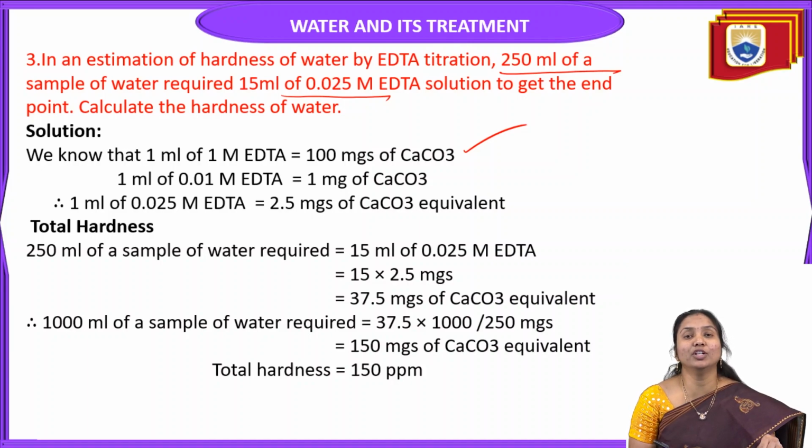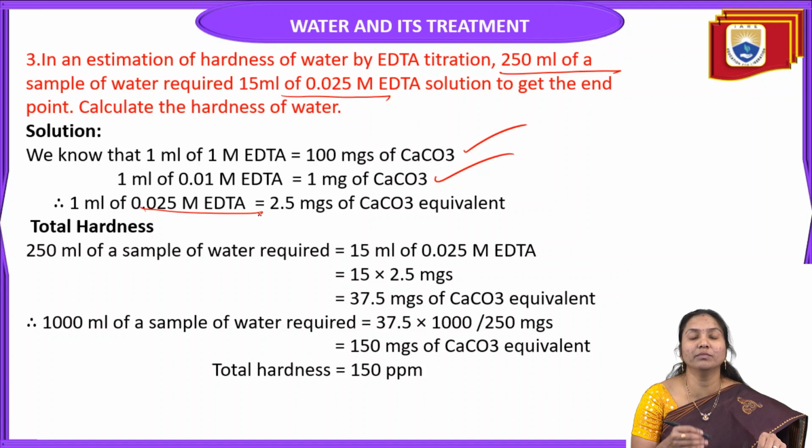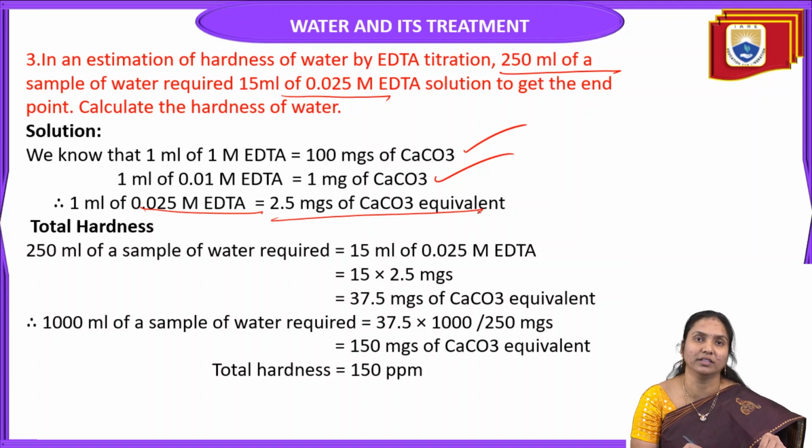So 1 ml of 0.01 M EDTA equals 1 milligram of calcium carbonate. Therefore, 1 ml of 0.025 M EDTA is equal to how many milligrams of calcium carbonate equivalent? It's equal to 2.5 milligrams of calcium carbonate equivalent.